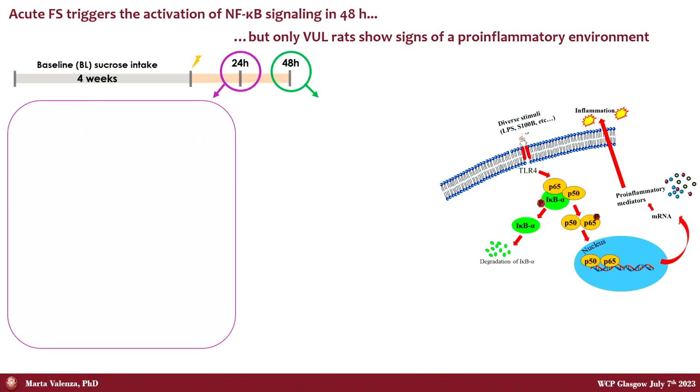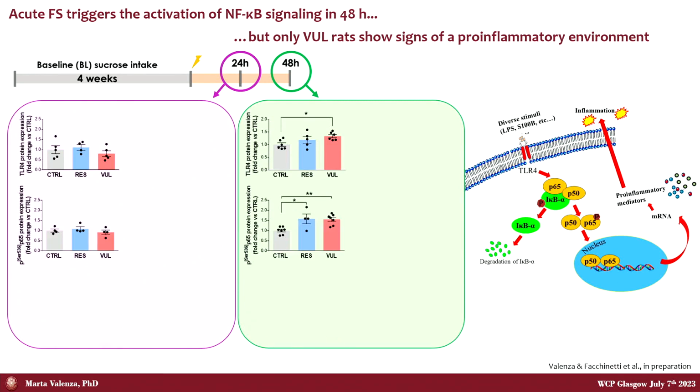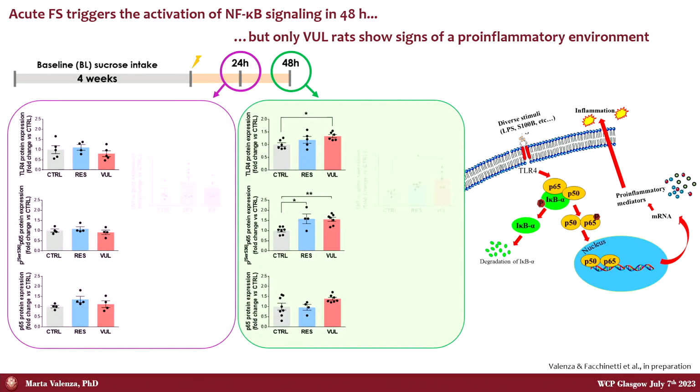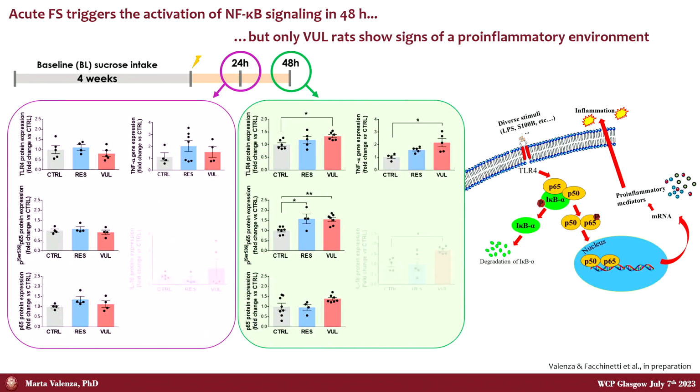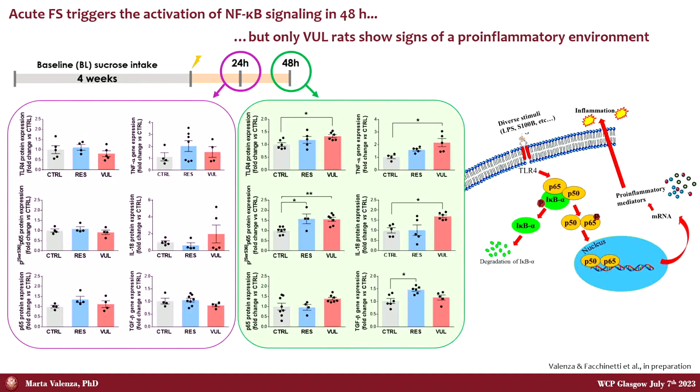So again, by comparing the 2 time points, we saw a higher expression of the toll-like receptor 4 selectively in vulnerable rats, a stress-induced activation of the NF-κB, the expression of the active form of the NF-κB proteins, and a higher expression of cytokines exclusively in vulnerable rats.